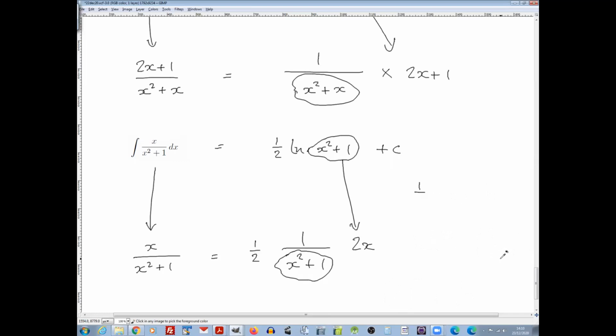It's mind-bending, the log logic, and I'm rushing past it, but that's the rule.